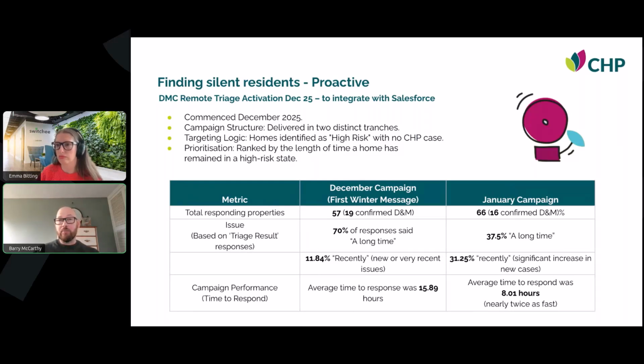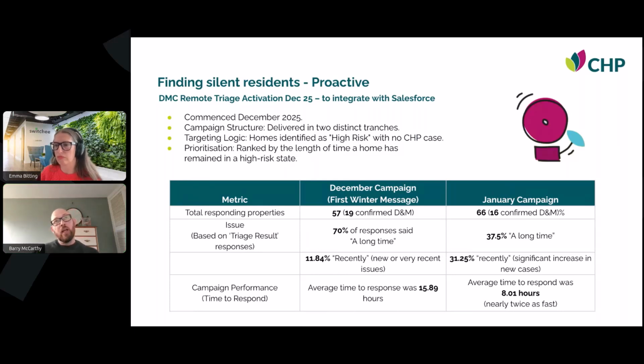And we need to ensure that it's not just the main tenant that we need to keep safe. It's the other people that use that building, and they typically wouldn't respond to us anyway. So we need to get other avenues of information into us.